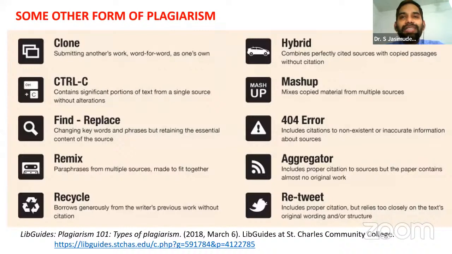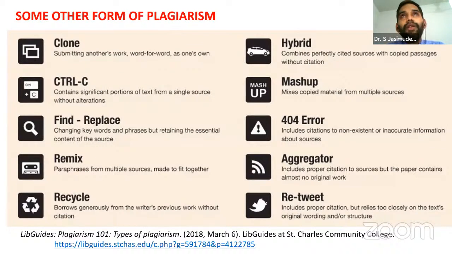These are some other types of plagiarism: remix, recycle, hybrid, aggregate. So many items are there, and examples are given in various library guides of various universities and institutions. My suggestion is we should be aware of all types of plagiarism.